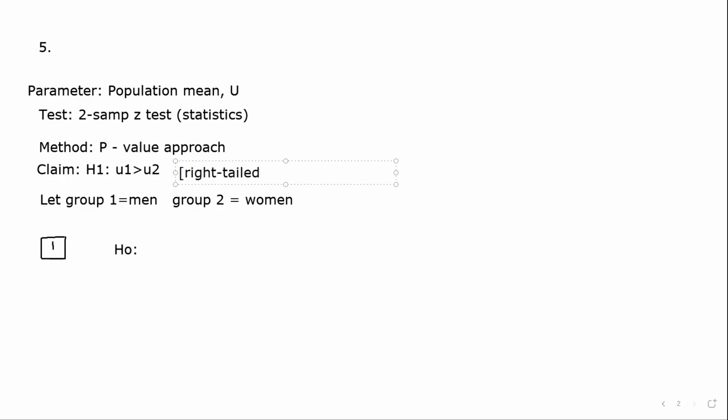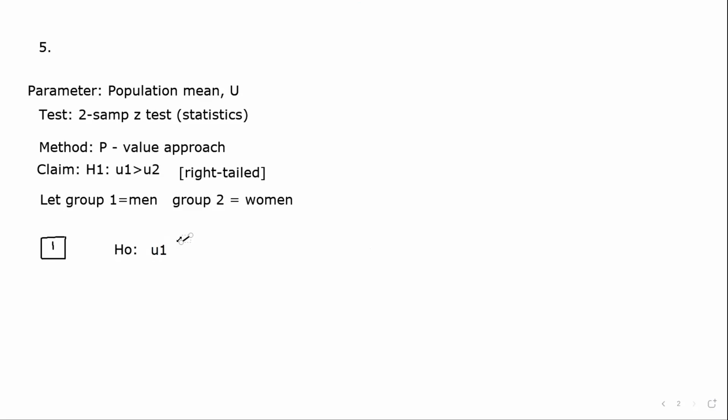So when you write your null hypothesis, remember that you're going to need a less than or equal to.